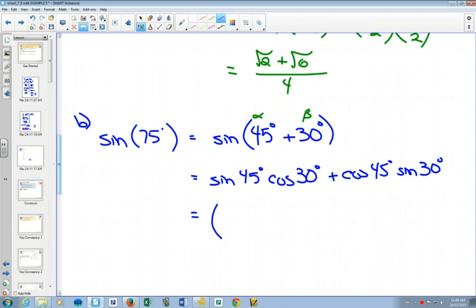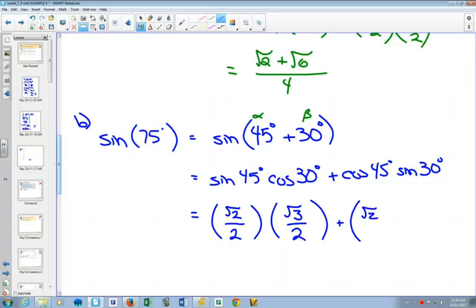Now each of these are on our pi plate. Root 2 over 2, root 3 over 2, root 2 over 2, and 1 over 2. Again, we're going to have a common denominator of 4.